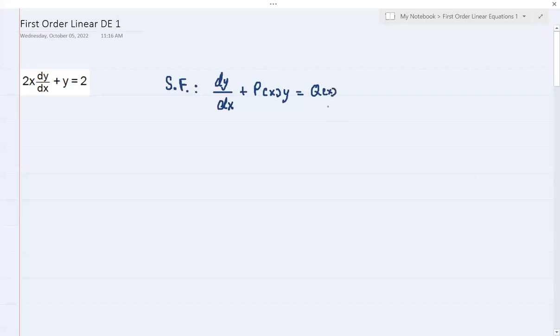That's it. So what did you observe in this standard form? First, there is no coefficient for dy all over dx except 1. Whether it's a group of terms, constants, or a function, there shall be no coefficient here except 1.